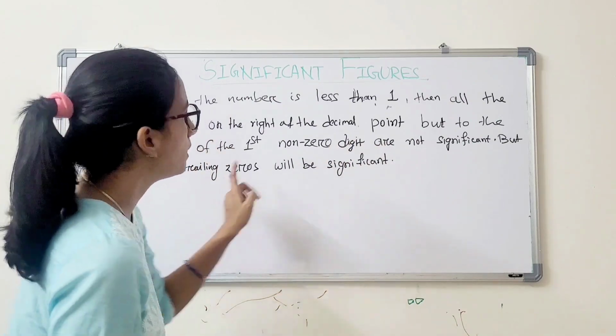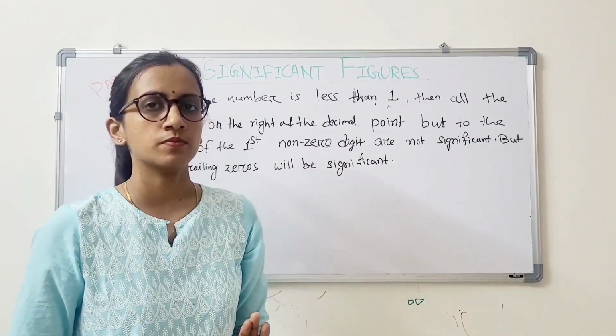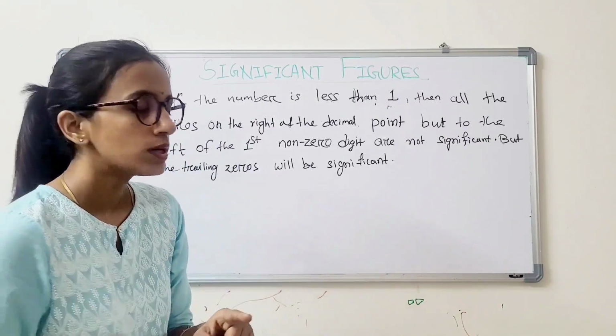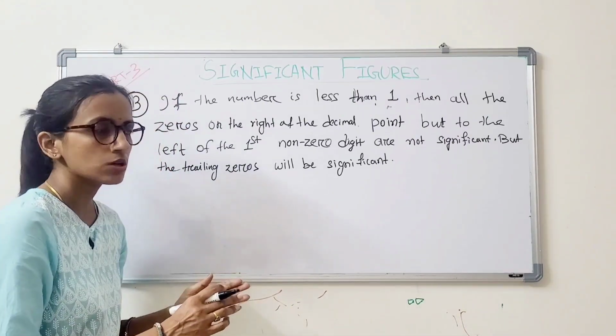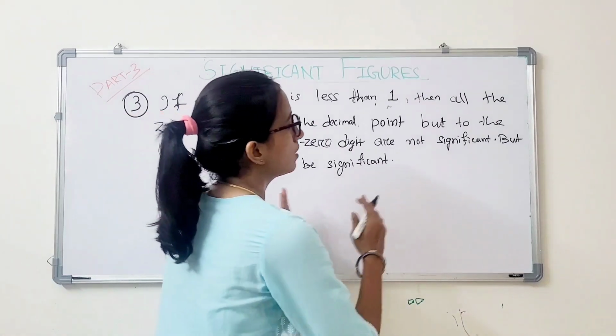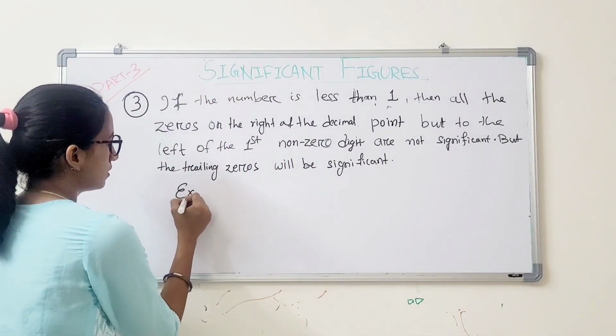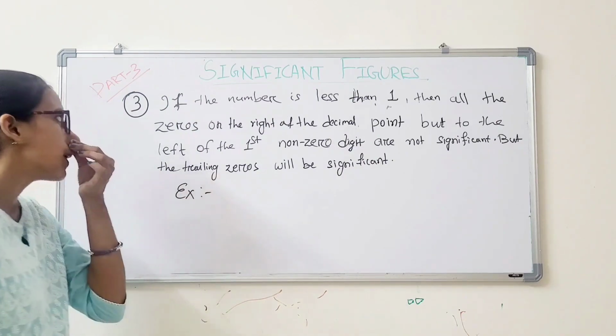But the trailing zeros will be significant. Trailing zeros means those zeros which are at the end of the number. We will take an example.